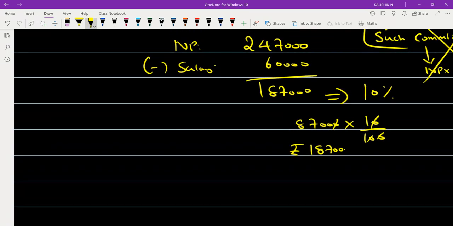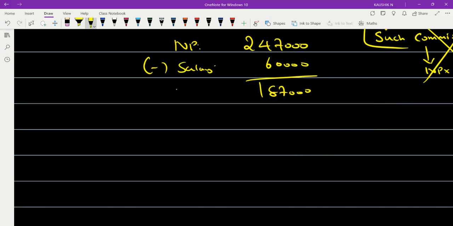So what next? From the amount of rupees 1,87,000, you are going to subtract the commission, that is rupees 18,700.